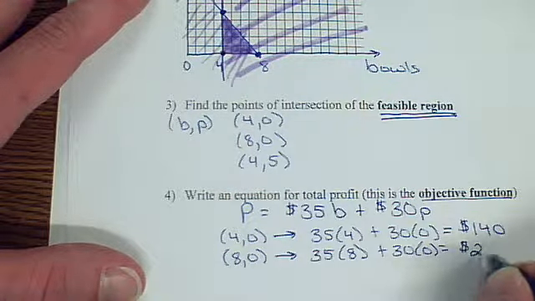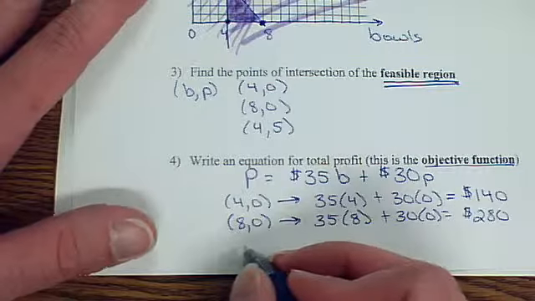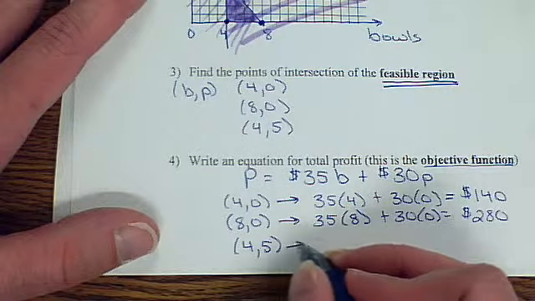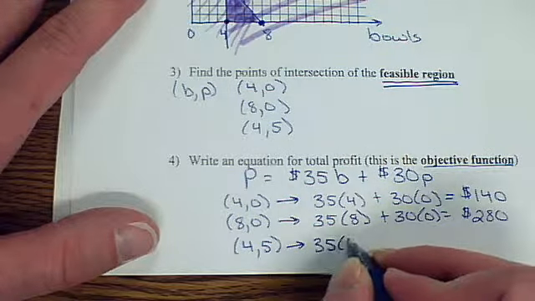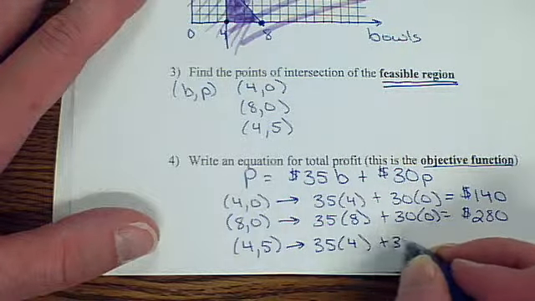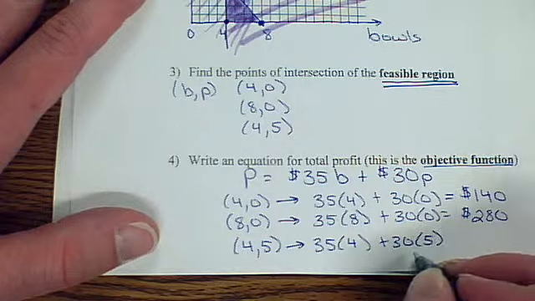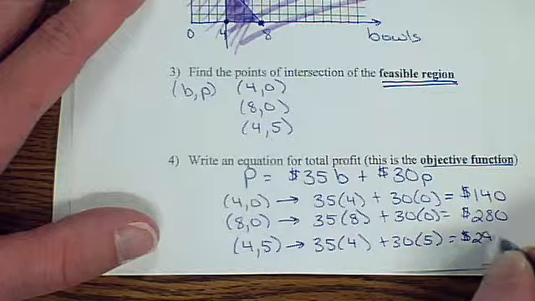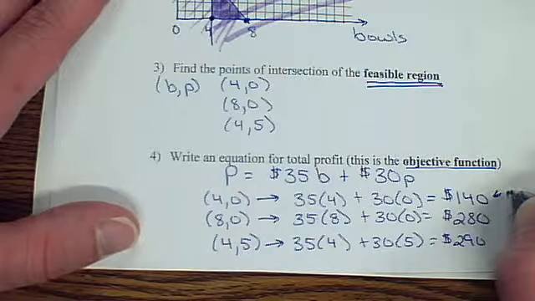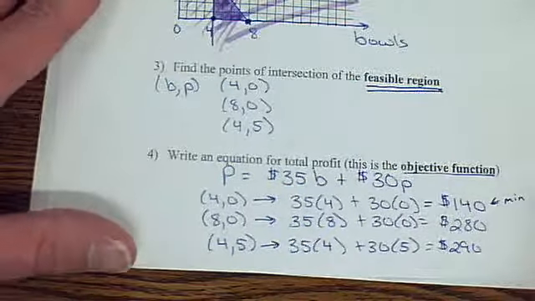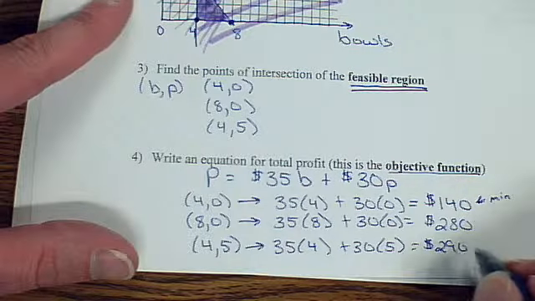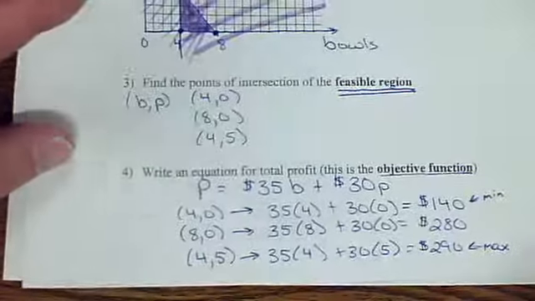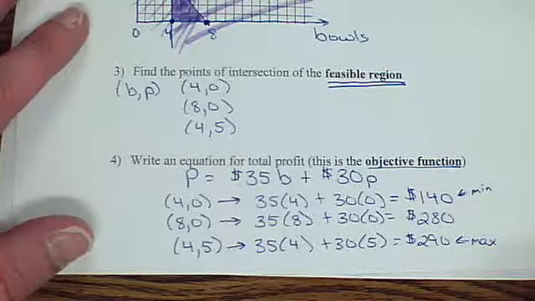So that would give me 280. Now, what happens if I make 4 bowls and 5 plates? So here's the 4 bowls. Then add to that the 5 plates. That's 150 plus 140. That would be 290. So really, this is the minimum, because it's just making that minimum of 4 bowls. This is the maximum. That's the maximum we can make using only that 40 pounds of clay.